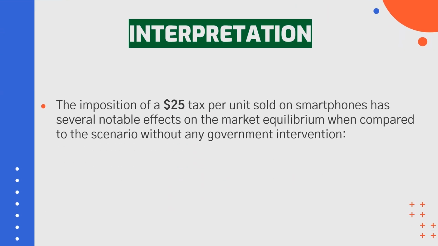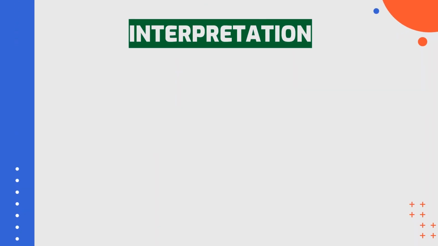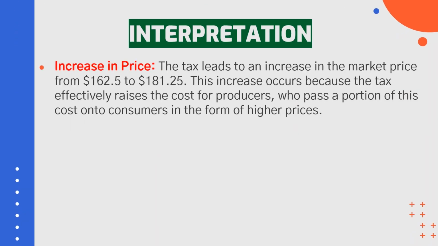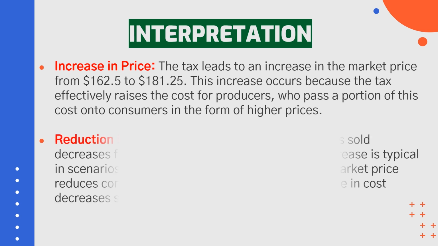In other words, imposing the tax per unit sold on smartphones has several notable effects on the market equilibrium when compared to the scenario without any. First of all, there is an increase in the equilibrium price. The tax leads to an increase in the market price because the tax effectively raises the cost for producers, who definitely have to pass a portion of the cost on to consumers in the form of higher prices.